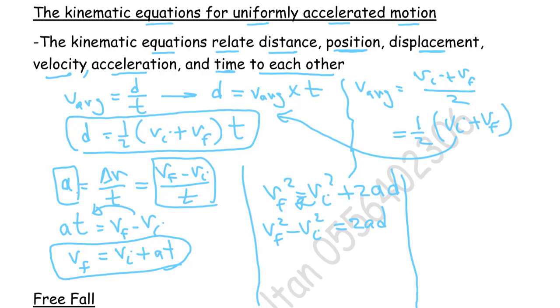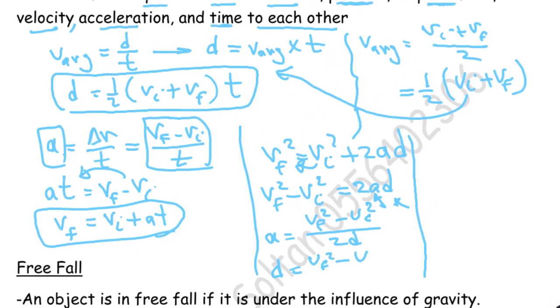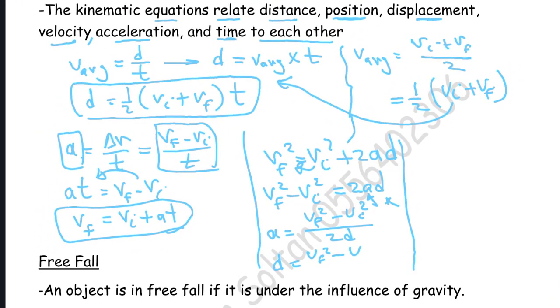From this you can calculate the acceleration or the distance depending on what you need in the problem. A equals V final squared minus V initial squared over 2D, and also you can write it as D equals V final squared minus V initial squared over 2A, depending on what is given and what you want to get.